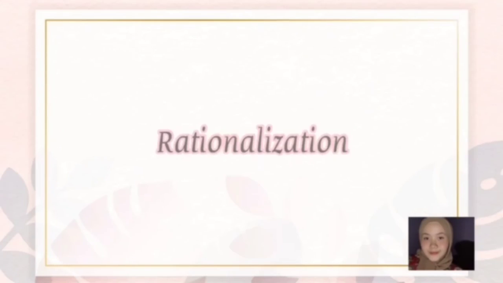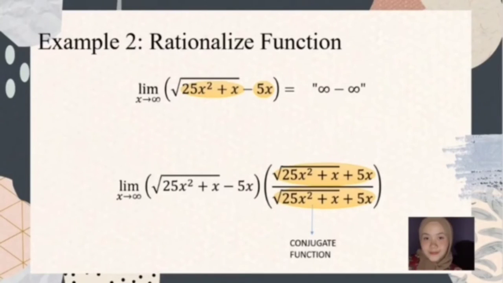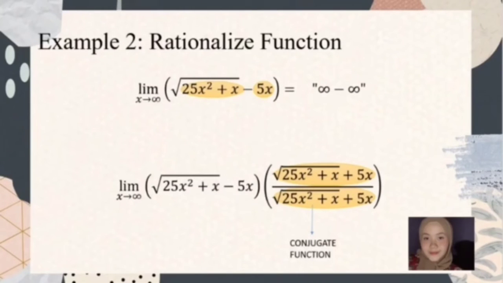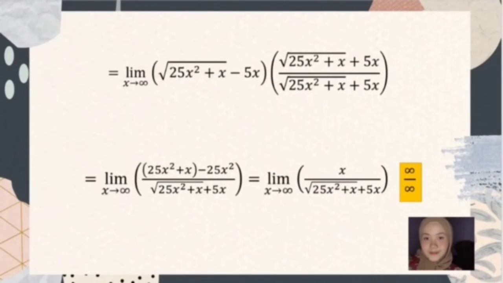Next, the second method is rationalization. When the limit of a function that has a radical expression is an indeterminate form, we have to rationalize either the numerator or denominator by multiplying by the suitable conjugate. In this example, we take the limit of the expression square root of 25x squared plus x minus 5x, multiplied by its conjugate.